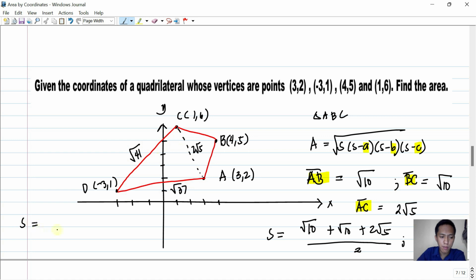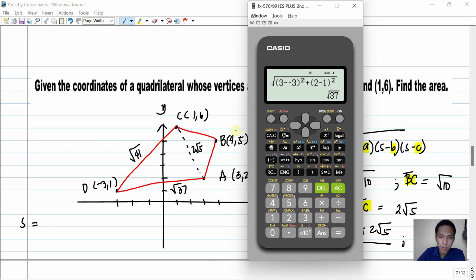So what is the semi-perimeter of triangle ACD? We just add the sides: square root of 41 plus 2 square root of 5 plus square root of 37, over 2.